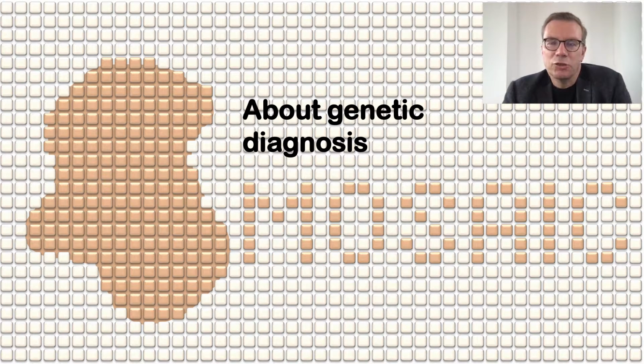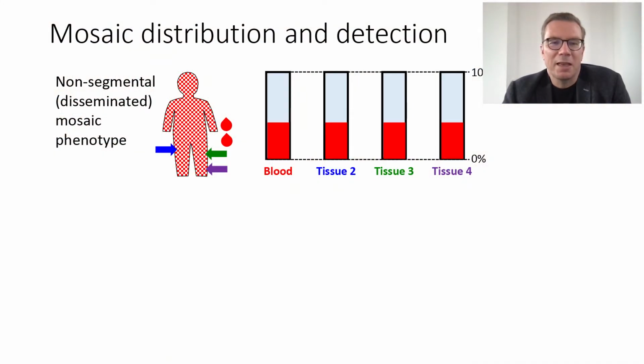So this shows us already the difficulties in genetic diagnosis. In an ideal world, in the case of a disseminated mosaic phenotype, you would expect that in every tissue you can obtain, you find a similar frequency of the mosaic mutation. But this is not true.